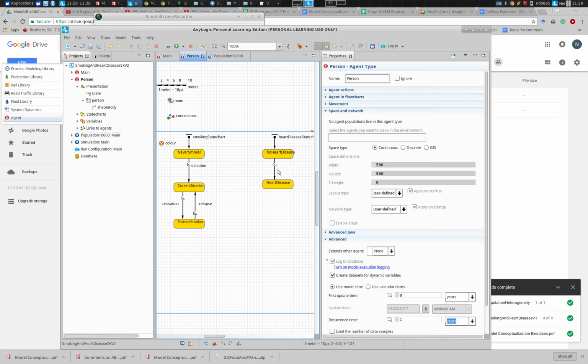We used a variable, right? Could we do something like that to communicate, based on the state we're in, the hazard rate that applies here? Yeah, we could communicate a smoking-state-specific hazard rate from this to this using, begins with a V, ends with an E, variable.